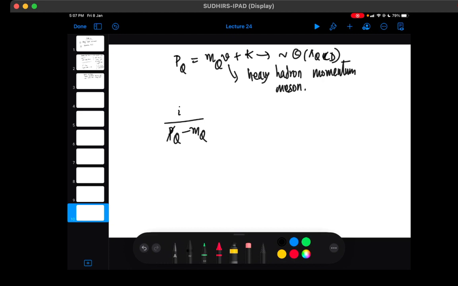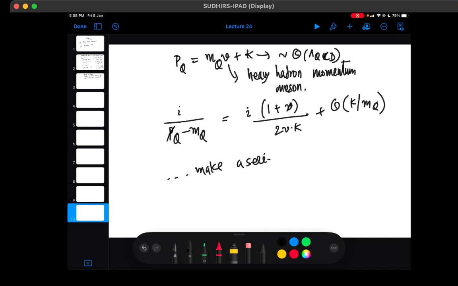With this you can use a Taylor expansion, where v is the velocity, and make a series expansion in 1/mQ.